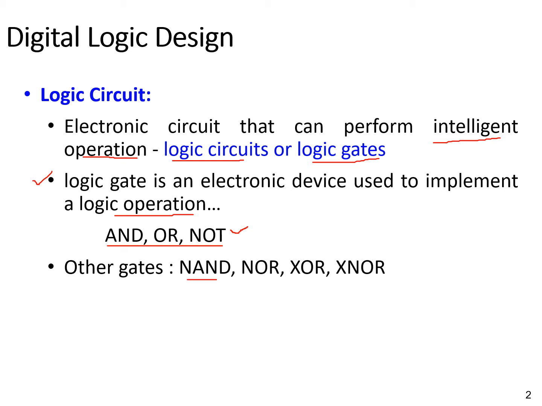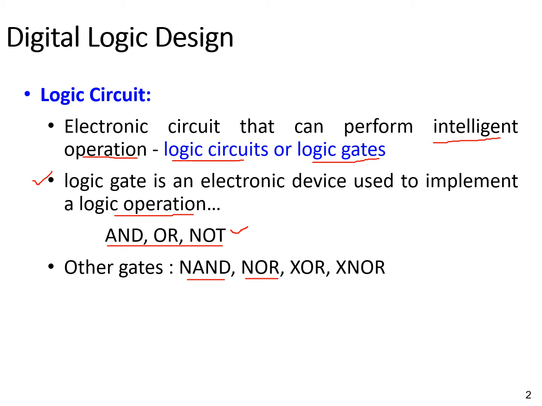Like here you can see the NAND gate. When you combine the AND and NOT gates, it gives you the NAND logic operation. So this is another derived logic operation which also forms a fundamental element of the digital world. Next is the NOR. This NOR is again a combination of two basic logic gates, the NOT gate and the OR gate.